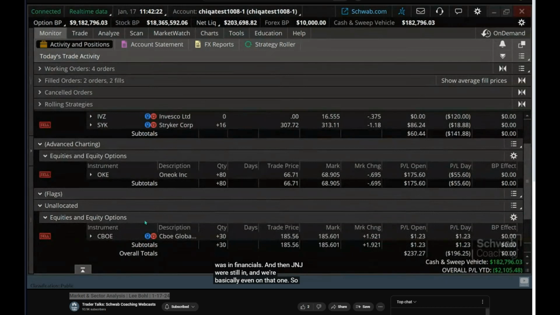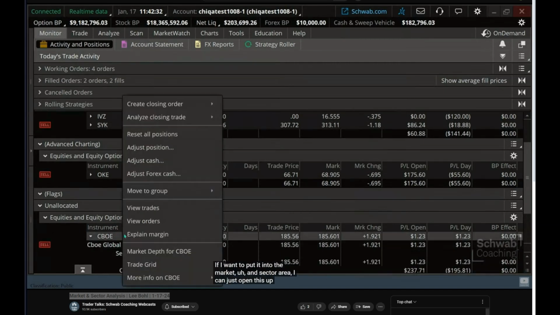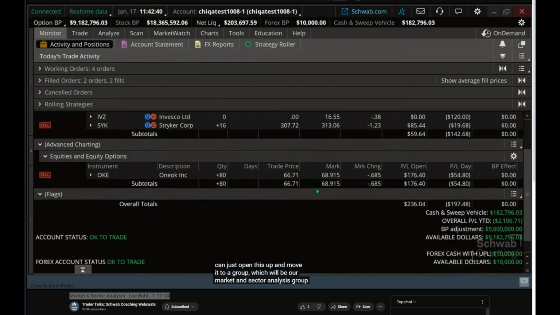So now we have an unallocated one. If I want to put it into the market and sector area, I can just open this up and move it to a group, which will be our market and sector analysis group. And now we can keep track of that.